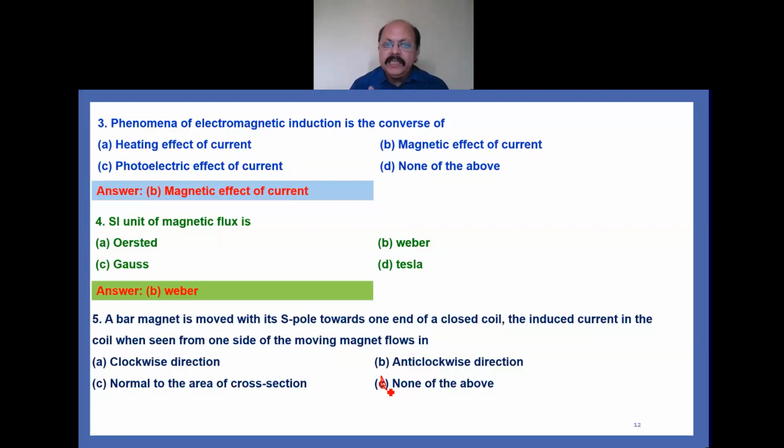If clockwise direction, then that face has south polarity. And south poles repel. That opposes the motion of the magnet, as a result of which it opposes the change in magnetic flux. So that's why the answer should be A, that is clockwise direction. So apply the concept, understand it, then check your answers.